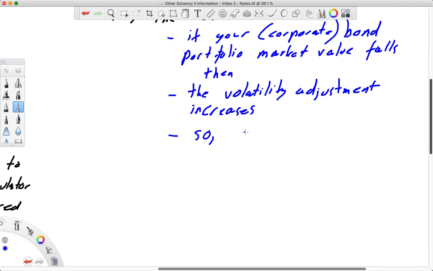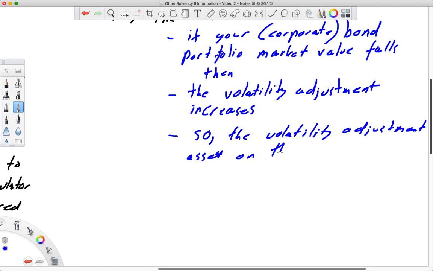So the volatility adjustment asset on the balance sheet increases.